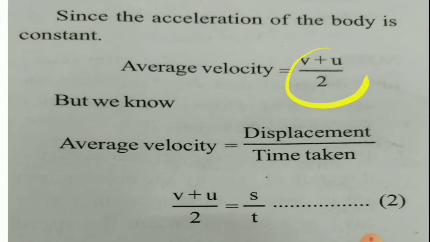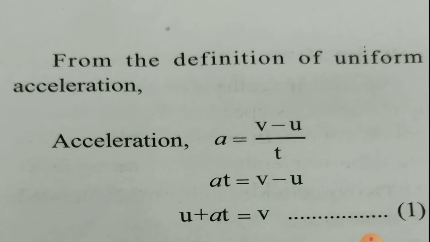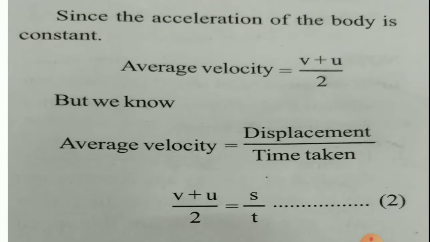Substituting, you will get V plus U by 2 is equal to S by T, where displacement is S and the time taken is T. From the previous slide, this is the first equation, V is equal to U plus AT.